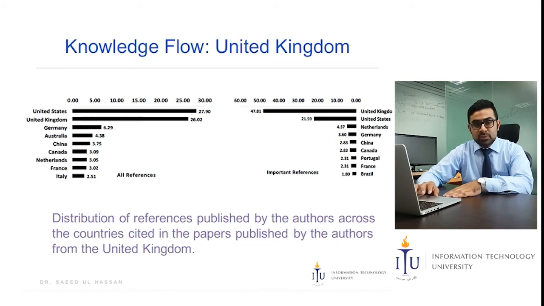When it comes to important references, the United Kingdom heavily depends upon its own knowledge resources. Of the total important references cited by the work of the United Kingdom, 47% comes from the United Kingdom itself, followed by the United States, Netherlands, Germany, and China with about 2%.